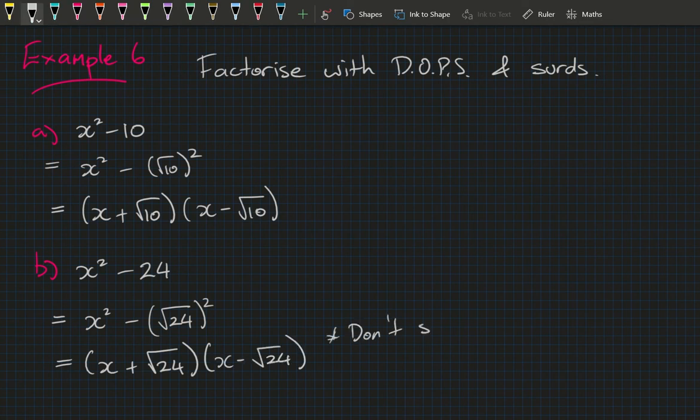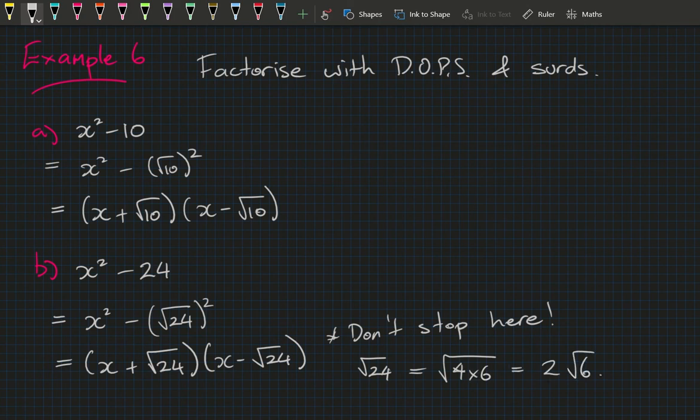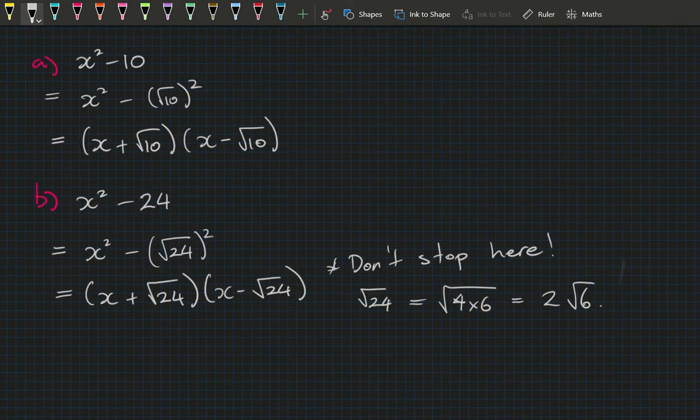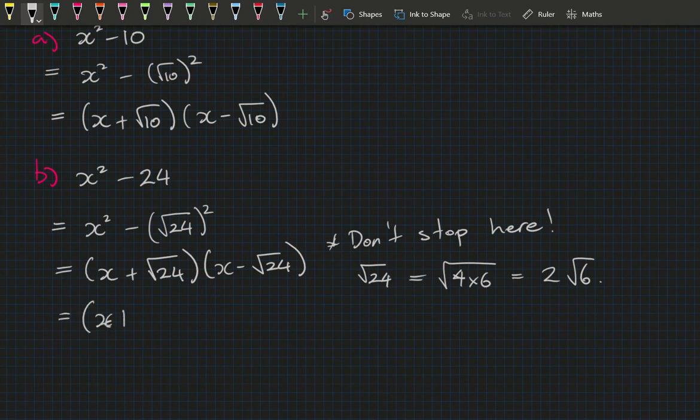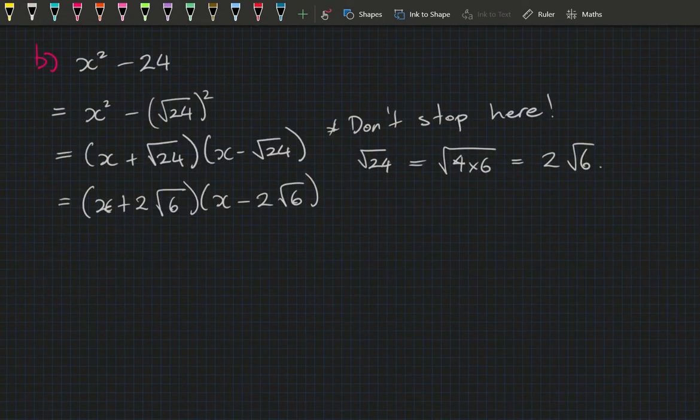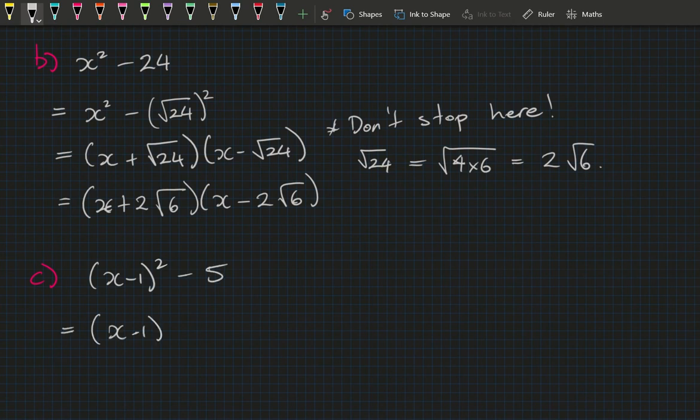However, we don't stop here, because the square root of 24 is equal to the square root of 4 times 6, which equals 2 times the square root of 6. So let's rewrite that as x plus 2 root 6 times x minus 2 root 6. Alright, that's much nicer. And finally, in part C, we have x minus 1 squared minus 5, which is equal to x minus 1 squared minus the square root of 5 squared.